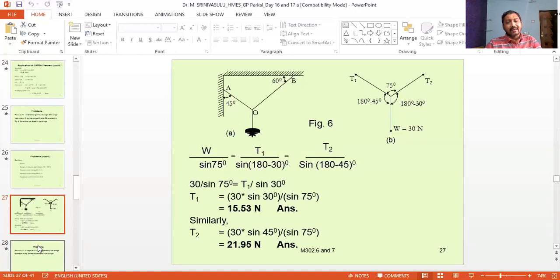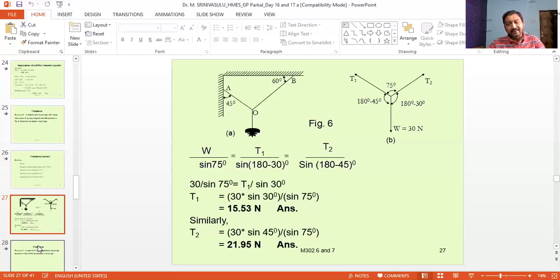Now we are representing the same in a force diagram. The force diagram is drawn in figure B. Figure A is the given problem, and with the help of figure A, we have found the angles and drawn the force diagram in figure B. Now here we have the three forces T1, T2 and W. W is acting vertically downwards.